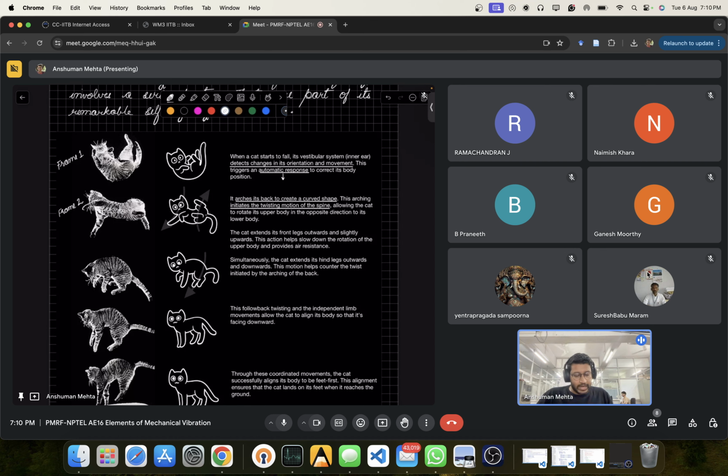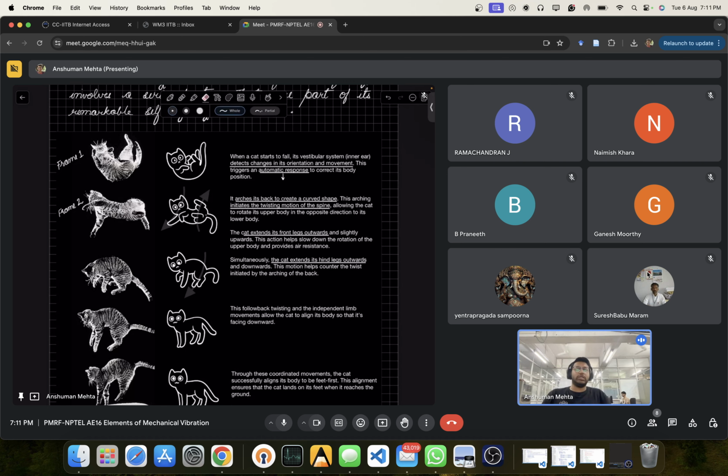Next, it extends the front leg outwards. This is the next point. It extends its front leg like this while falling, and after that it also extends its hind leg outwards.